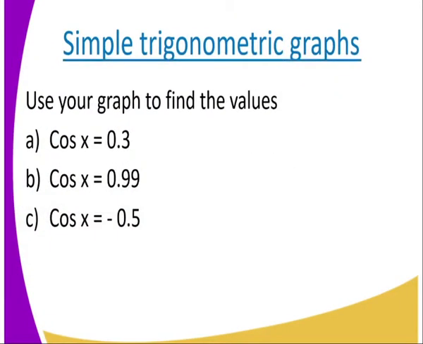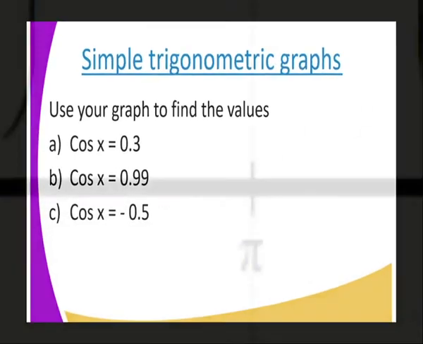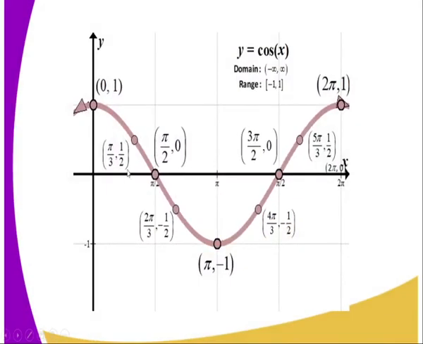Then we can also use that graph to find the values of cos x is equal to 0.3. So what do we do? We just come back here. Using the y-axis, we get 0.3 where it is. Remember the graph books usually are demarcated, so you just come there, then read the value.